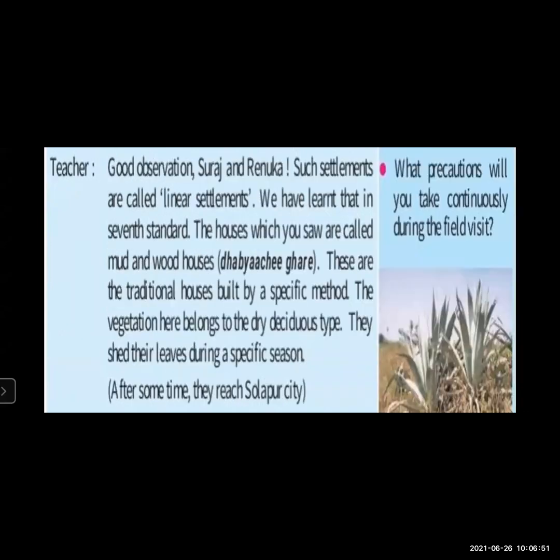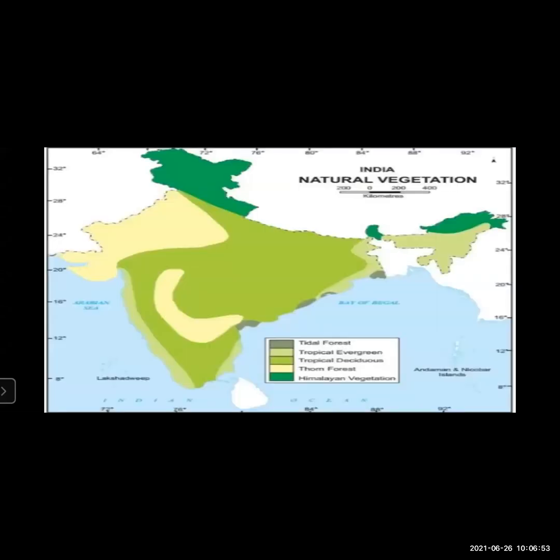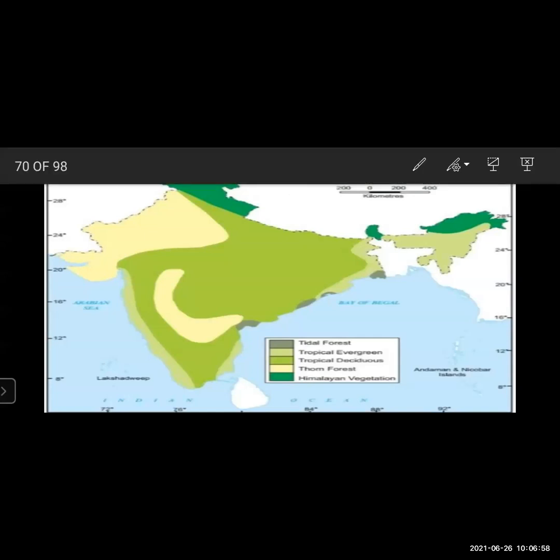Okay, you can see the areas which have tropical deciduous forest and thorn forest. See, the one which is in dark green color is the tropical deciduous. These areas are tropical deciduous. Areas of Rajasthan, Chhattisgarh, Uttar Pradesh, Madhya Pradesh, Gujarat.